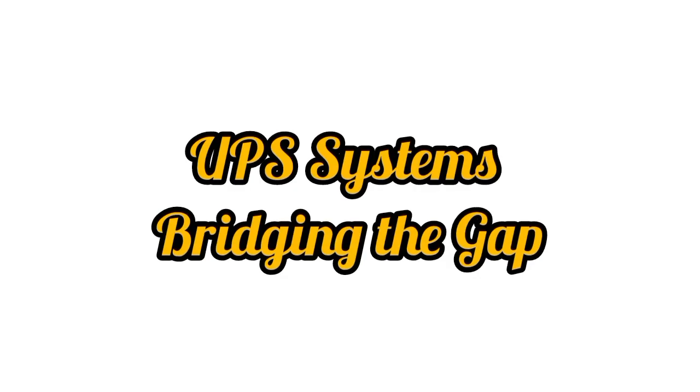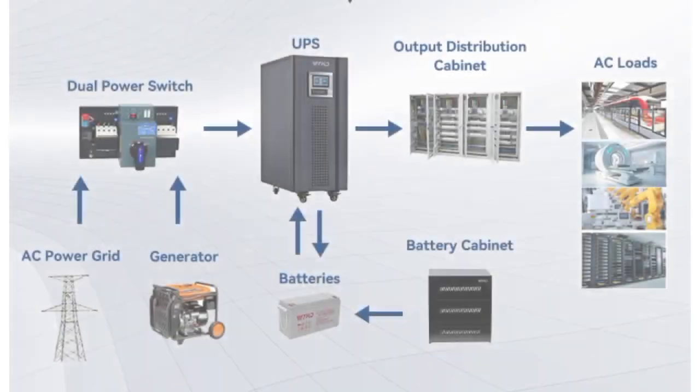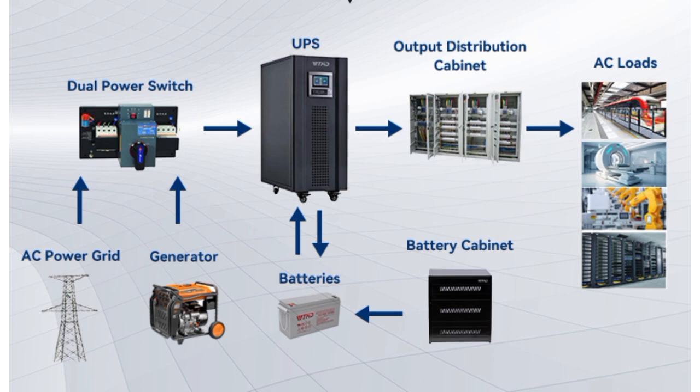UPS systems bridging the gap. Generators take seconds to start and stabilize. Servers cannot tolerate even milliseconds of interruption. The uninterruptible power supply, UPS, bridges this gap. A modern double conversion UPS converts incoming AC to DC, charges batteries, inverts DC back to clean AC output, and provides instantaneous ride-through power during transfer events.